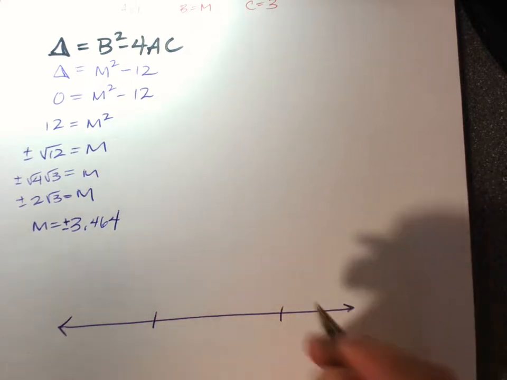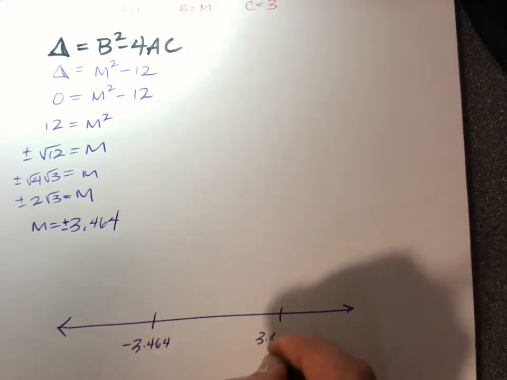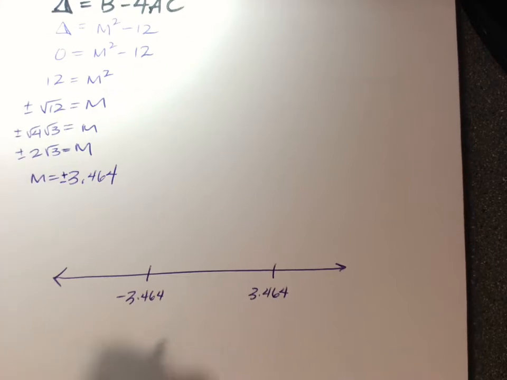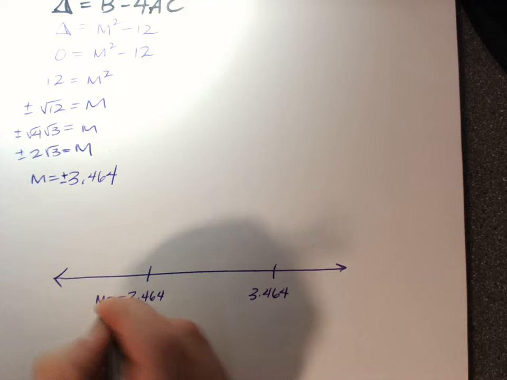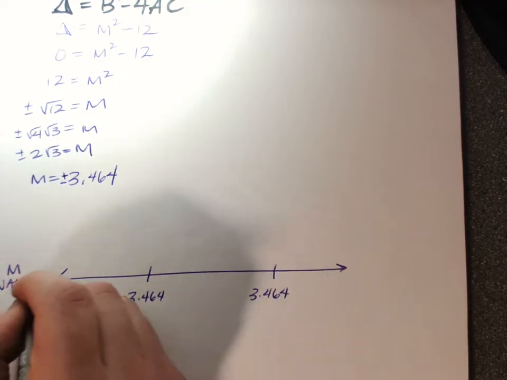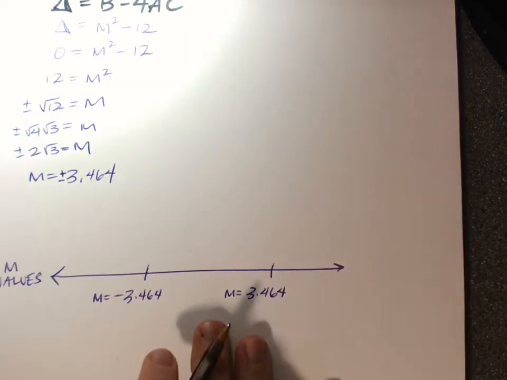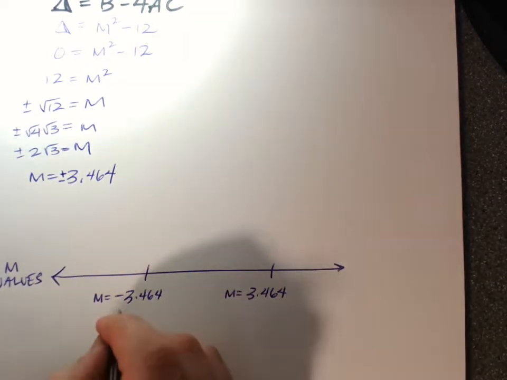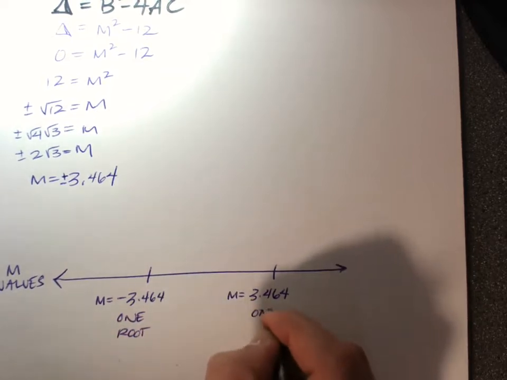So there are two values, in fact, negative 3.464 and positive the same amount. In either case, and that's for m, by the way, this is the m number line. If m is exactly one of those values, then we will get one root or one solution.